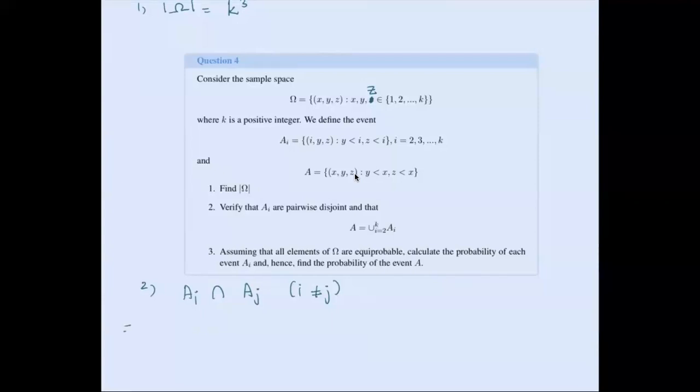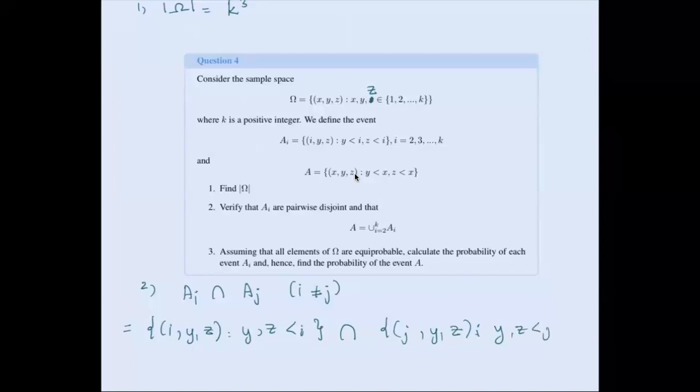So here I will write down A_i consists of (i, y, z) such that y and z are smaller than i, and then intersect with (j, y, z) such that y and z are smaller than j.